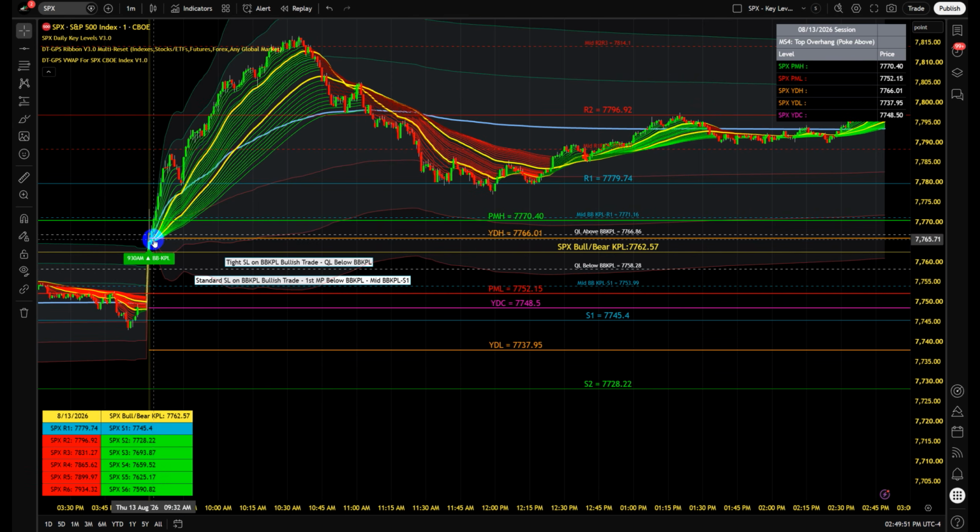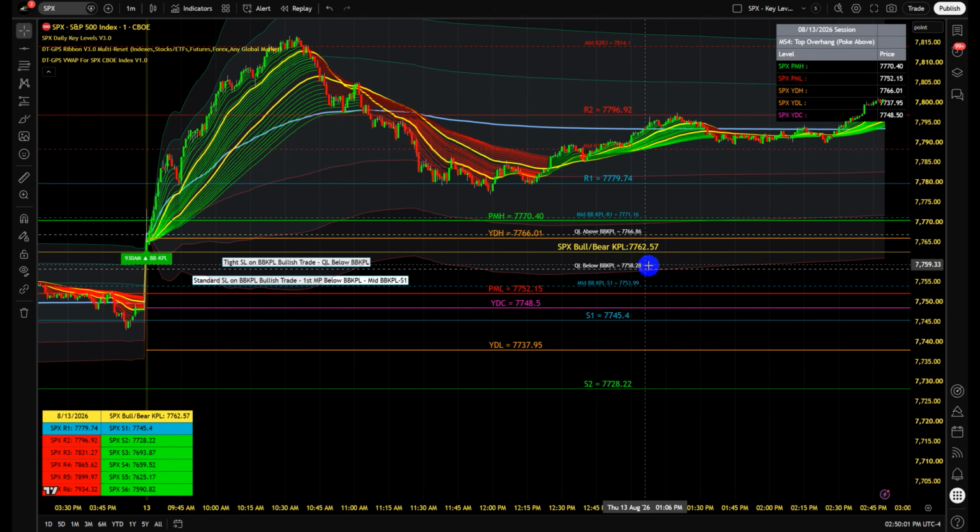The trade for today's session was based on the bull bear key price level. Here's a tight stop loss, and here is the standard stop loss. It works the same on the other levels. If it was instead a bearish trade, then the tight stop loss would be QL above BBKPL, and the standard stop loss for a bearish trade off the bull bear KPL would be the midpoint above.